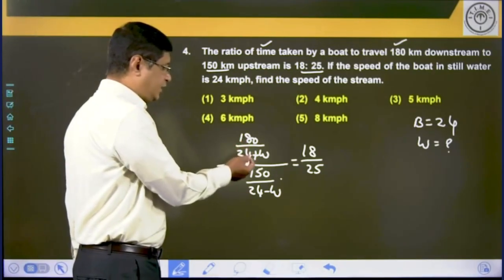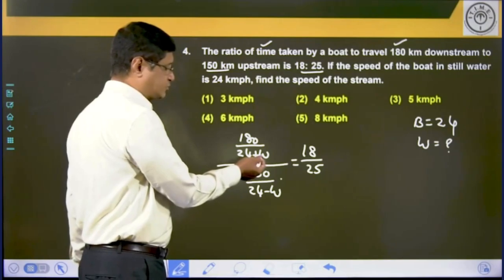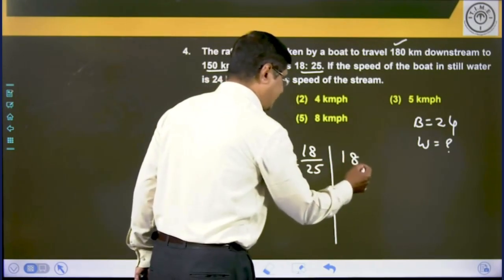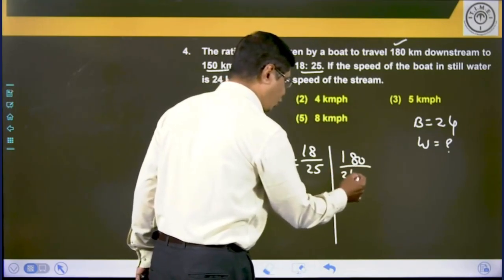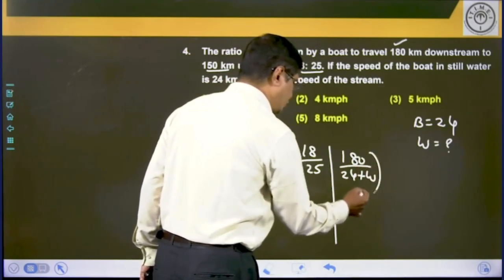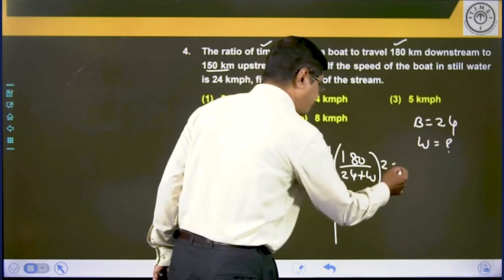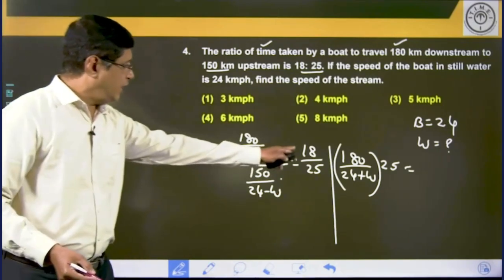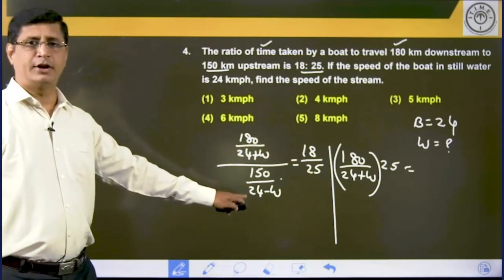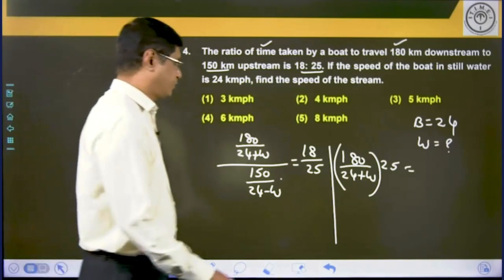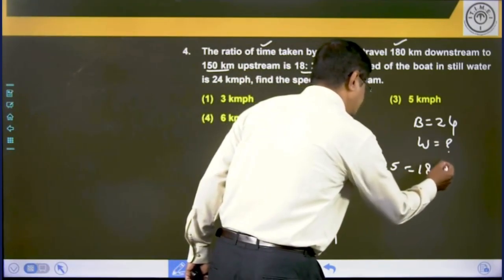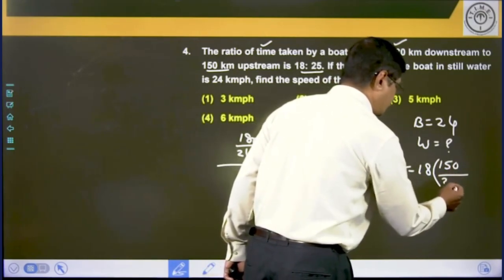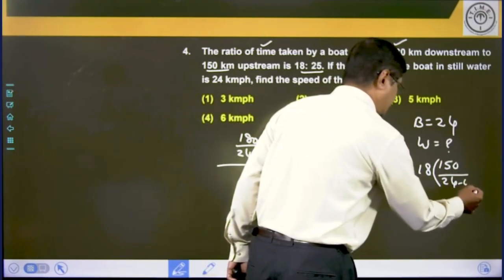Now 180 by 24 plus W into 25. Similarly 18 into 150 by 24 minus W.